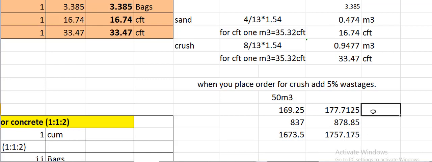This is the number of bags, and this is the number of CFT. In Urdu we say 100 CFT is equal to 1 sekda, so how many sekda do we need? Around 9 sekda of the crush, and 9 multiplied by 2, 18 sekda of crush we require.